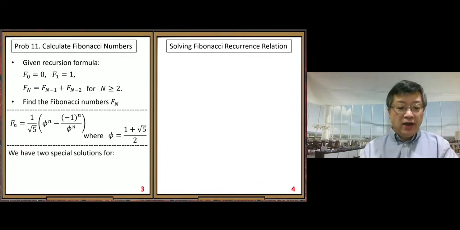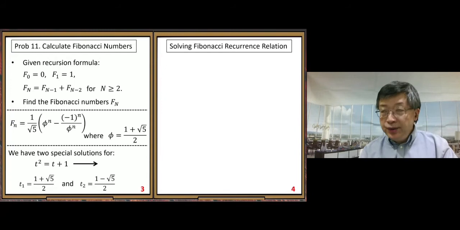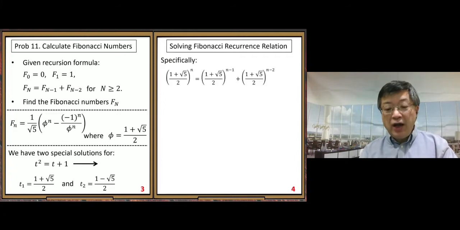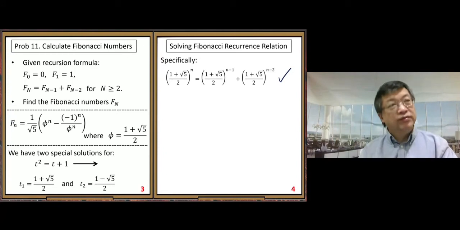This time we have two solutions for the characteristic equation, t1 and t2, and we know both t values can satisfy the original recurrence relation. When we plug in t1, we have this version of the recurrence relation.